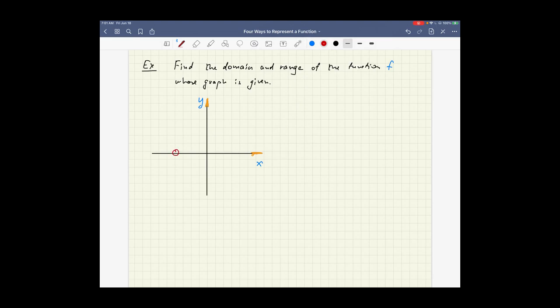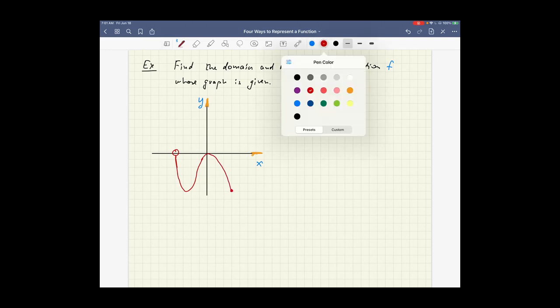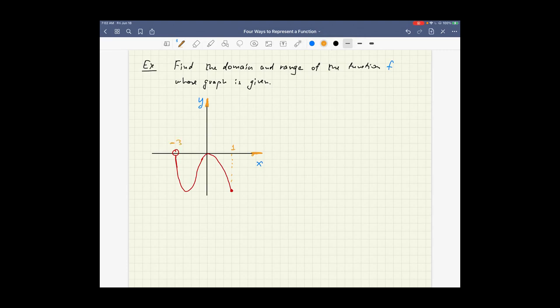So here is the excluded point. This point is included. This value here is 1. This value here is -3.